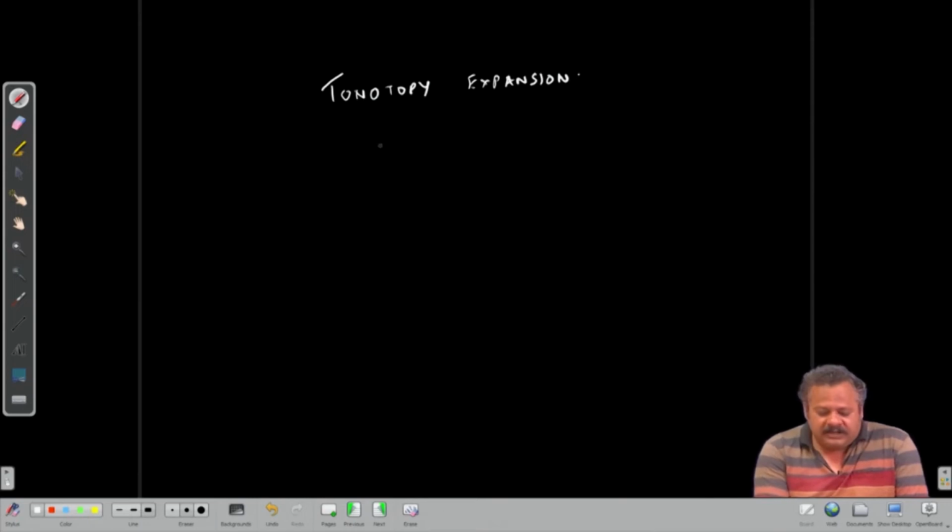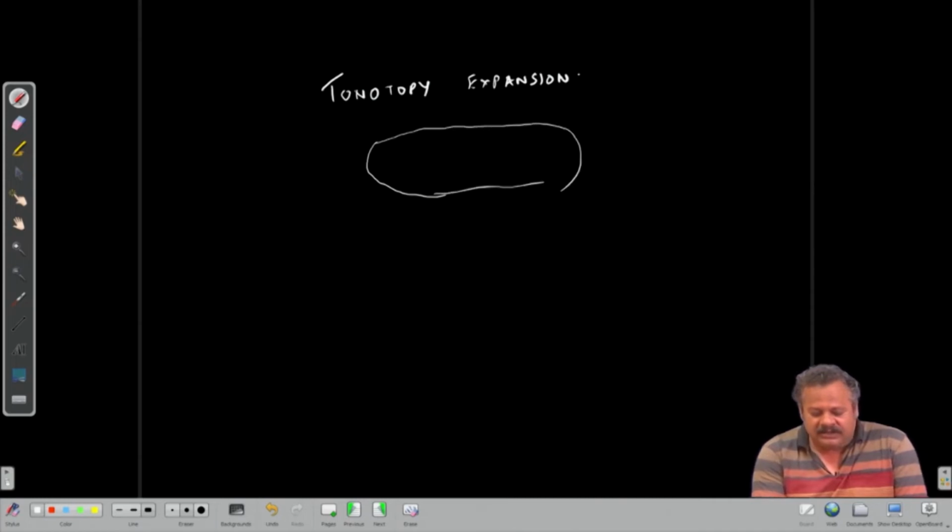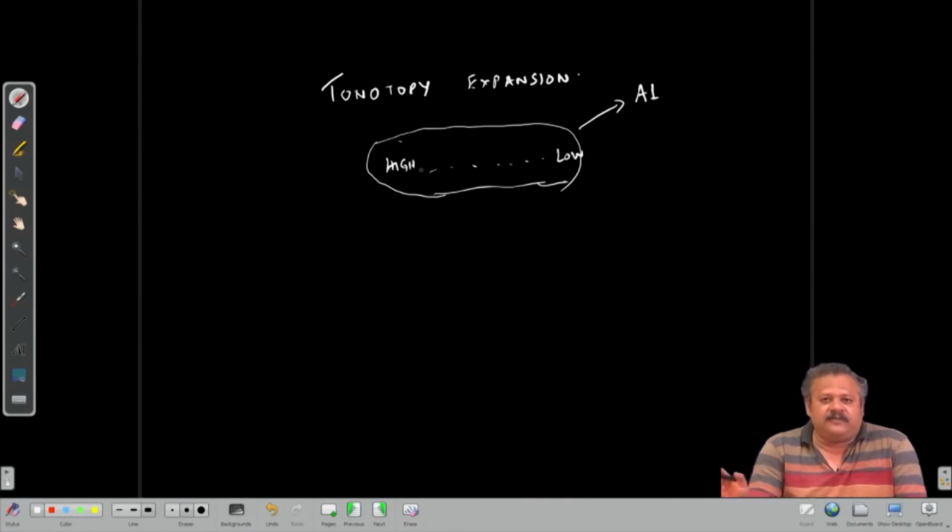In this particular case, as we have discussed, let us say this area is representative of the primary auditory cortex, and there is tonotopy, by which we mean there is an ordered arrangement of neurons selective to low frequencies on one end and high frequencies on the other end, and there is a gradual change in the selectivity of the different frequencies across the surface of the primary auditory cortex or A1.